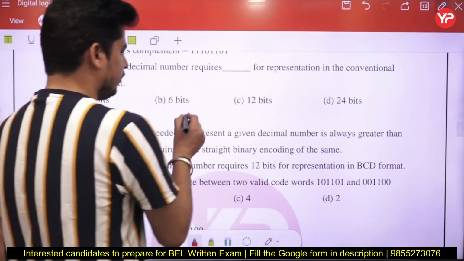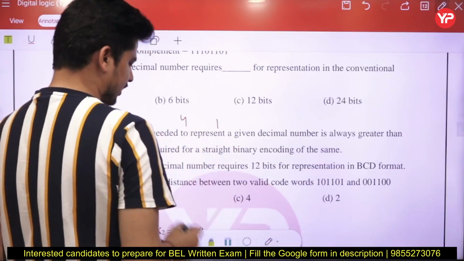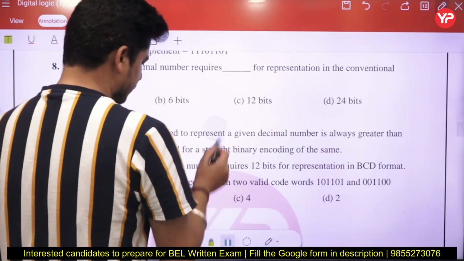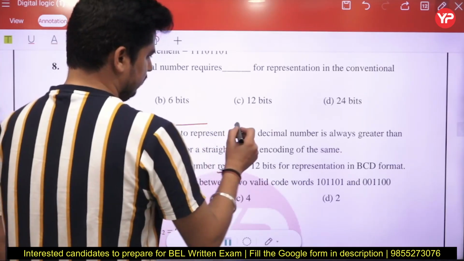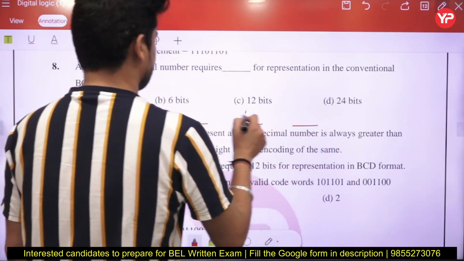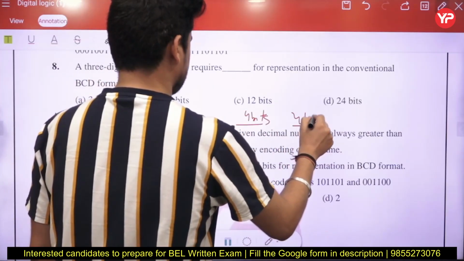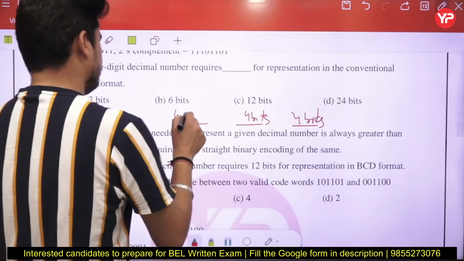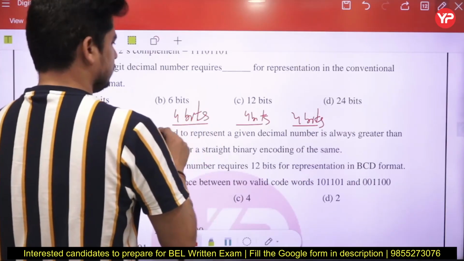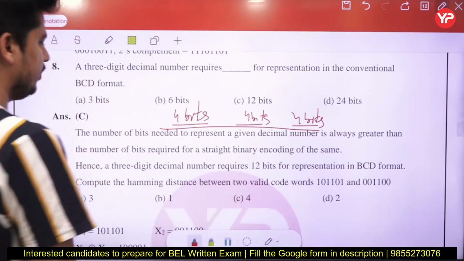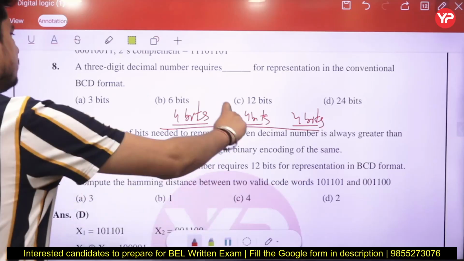So 4 bits for the first place, 4 bits for the second place, 4 bits for the third place. So there are a total of 12 bits required, right? 12 bits. Answer will be C.